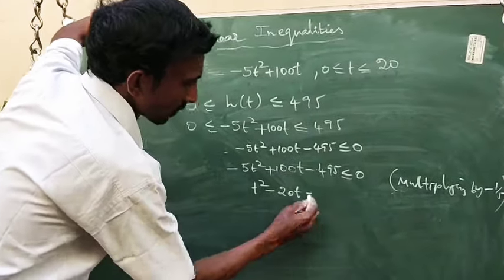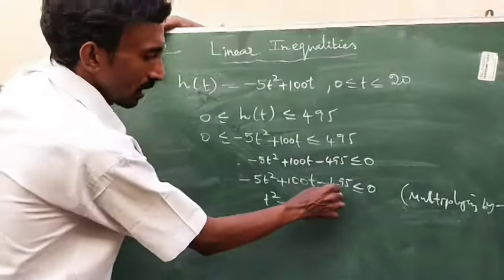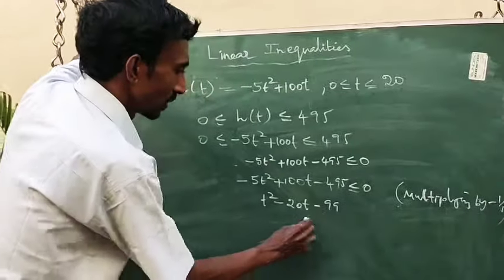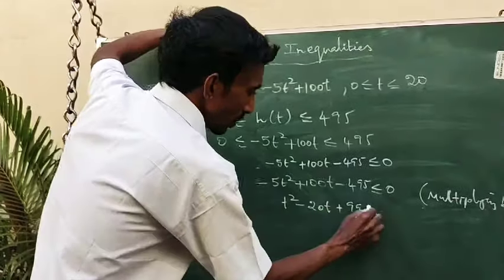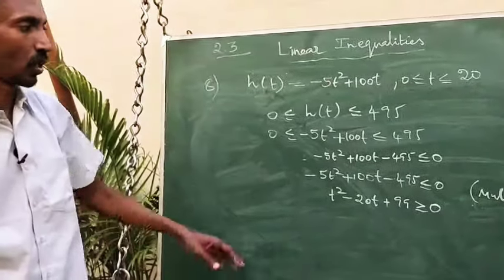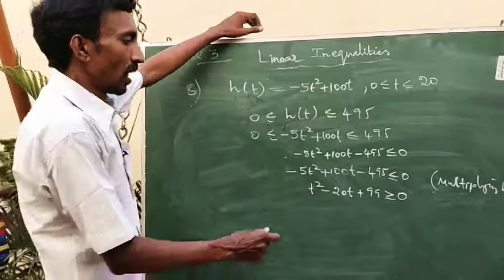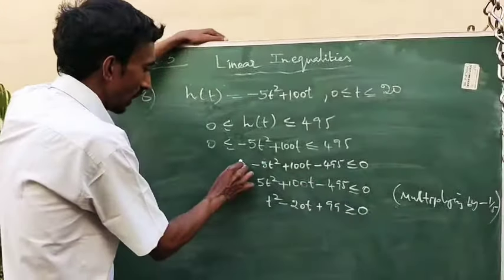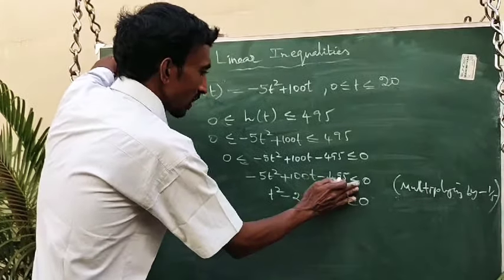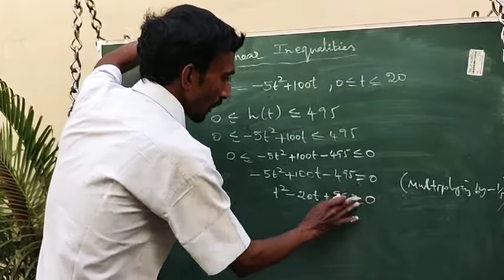Minus, what we are getting, 9 5s are 45, again 9. So minus not plus. So greater than or equal to 0. So our aim must be greater than or equal to. So we are getting that. And less than or equal to, obviously here if less than or equal to, we have to make it equal to 0.